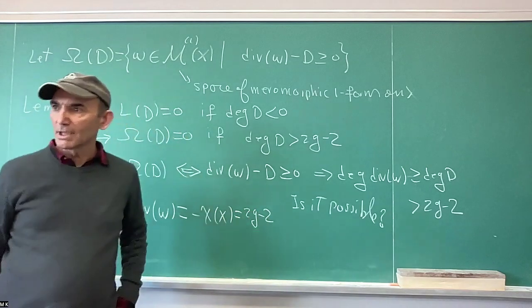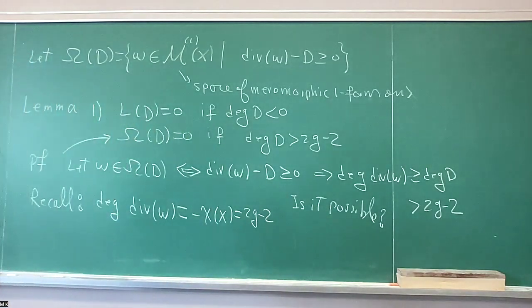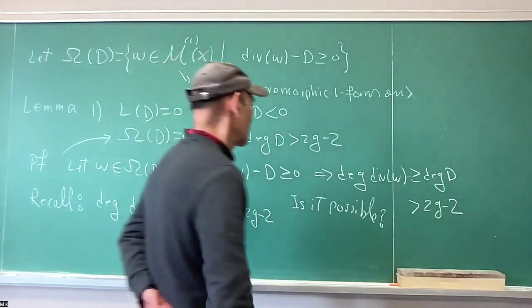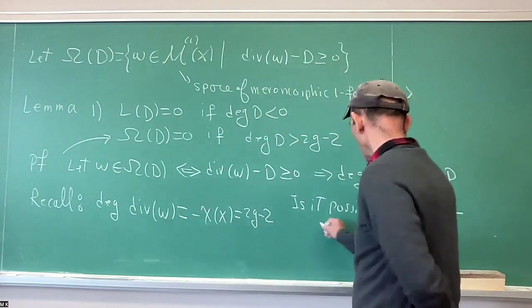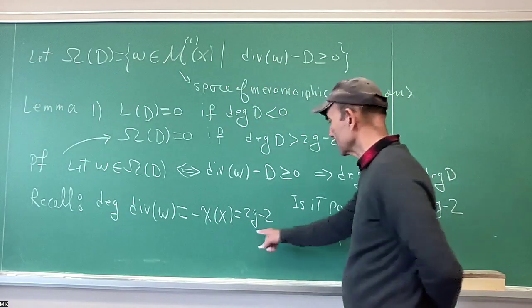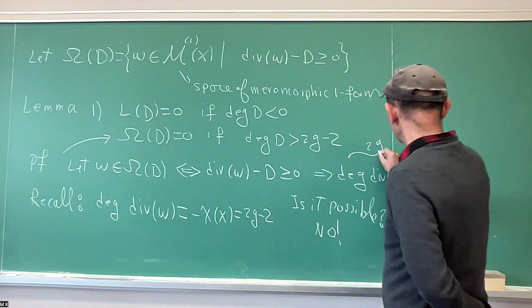This is what I proved in the previous lecture. And the proof was not trivial. It was a kind of judicious use of the Riemann-Hurwitz formula and that function. Okay, so this is no, because it clashes with this, because here you have 2g minus 2.